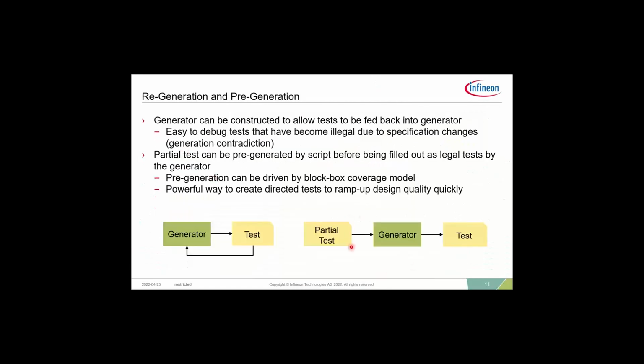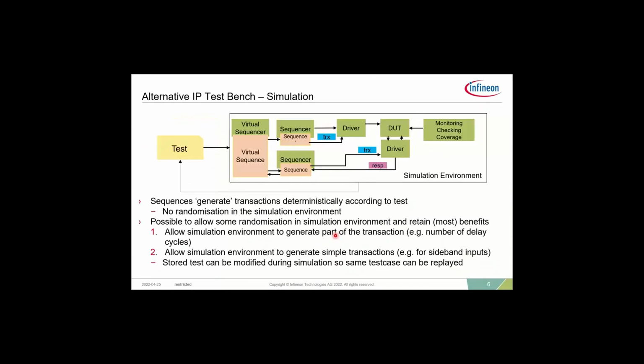So for instance, if we come to this benefit, then having a partial test which is readable and reviewable is certainly useful. But text is a standard format we use. And looking at your diagram there, it's about using the virtual sequencer. So it's inputs to that virtual sequencer that you've got inside your test.